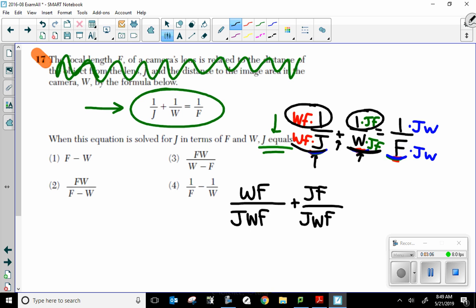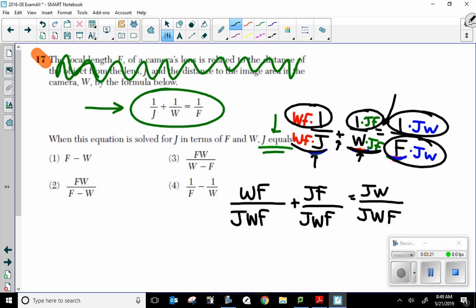So I'm just writing the 3 letters in the bottom in the same order for all 3 fractions. Equals 1 times JW over JWF. Now, if I have an equation with all fractions and the bottoms are all the same, cross them out.